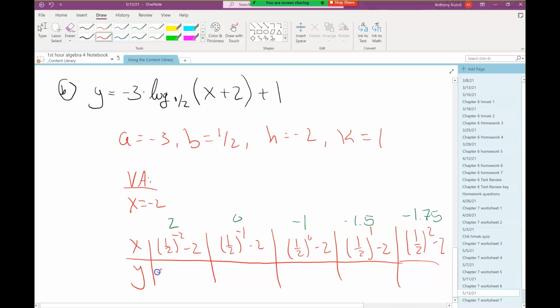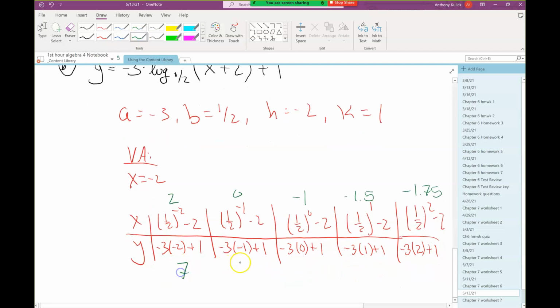Then for our y's, I have a times -2 plus k, a times -1 plus k, a times 0 plus k, a times 1 plus k, and then a times 2 plus k. So if I simplify these, we'll get 7, 4, 1, -2, -5.